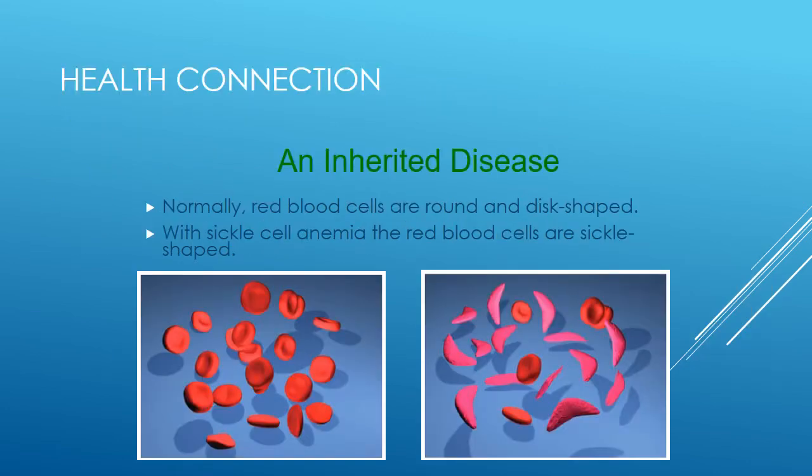All right, so genetics can sometimes go in a bad direction. You can end up with inherited diseases as well. Here's an example of sickle cell anemia, which is an inherited disease. Basically, there's a gene that codes for the formation of the hemoglobin protein that's inside of all red blood cells.